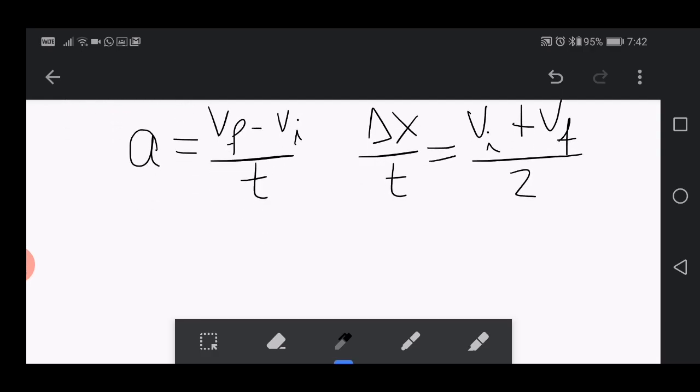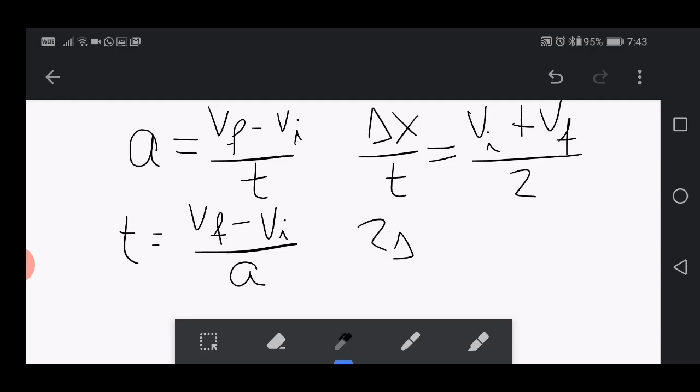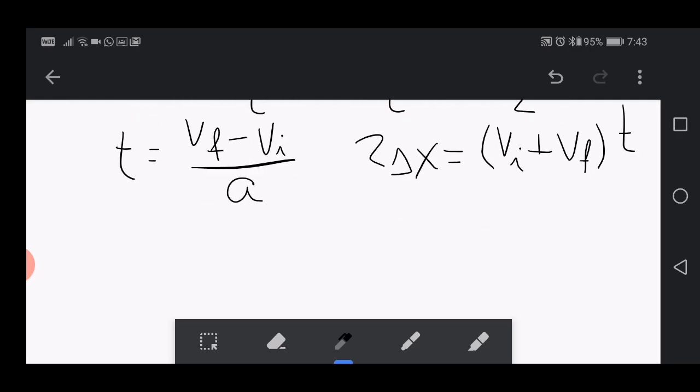So, for the first one, obviously time is equal to final velocity minus initial velocity over acceleration. The second one is a little trickier because if you multiply times 2 and you multiply times the time, then you have this parenthesis that you need to move as a block, all of it.